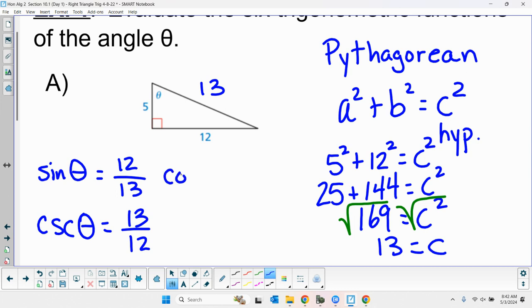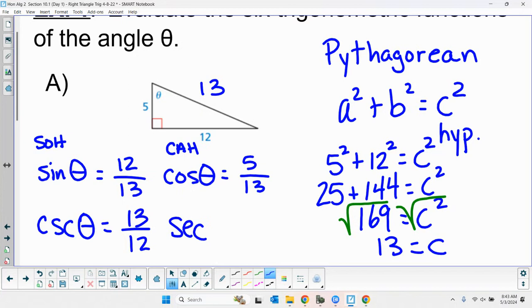Cosine. Adjacent. 5 over hypotenuse 13. Remember, now we're going to run out of room for toe. We'll have to go down to it. All right. But the secant, so don't get these mixed up.